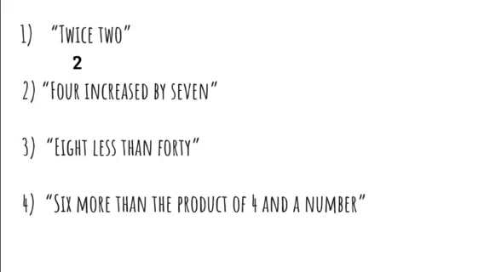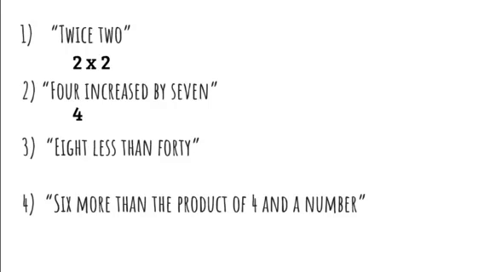So now that we have those keywords, let's go ahead and write out our expressions in mathematical terms. So twice 2 just means 2 times. So 2 times 2. Okay, we're writing it out just in that order there.